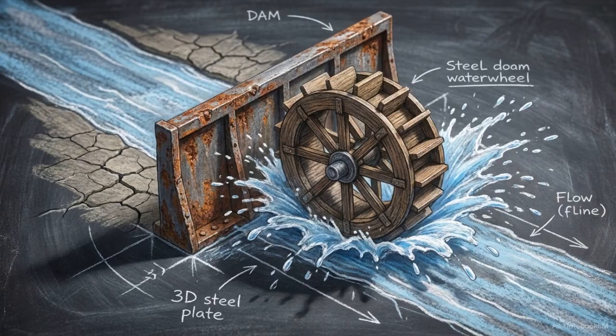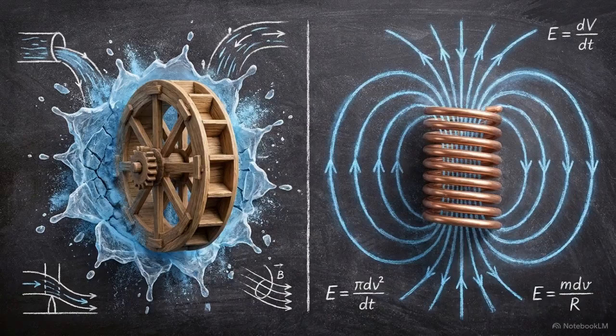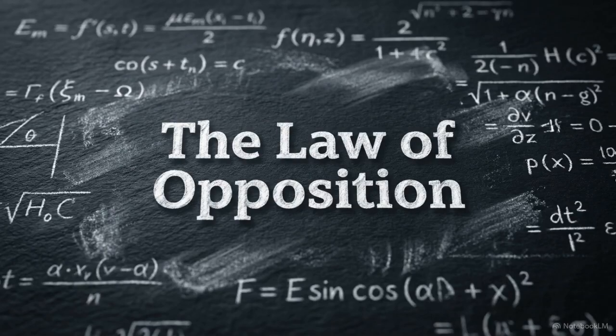If you suddenly dam the river to stop the water flow, the wheel will not stop. It will keep turning, forcefully pushing water downstream until its stored energy is depleted. Inductors exhibit this exact behavior. They possess electrical inertia. The magnetic field fiercely opposes any sudden start or sudden stop in the flow of current. Electrical engineers refer to this specific property as self-inductance.